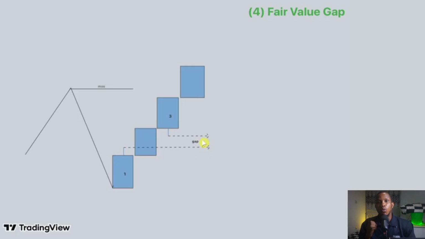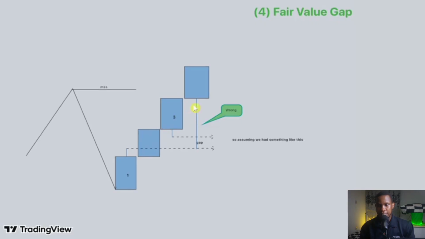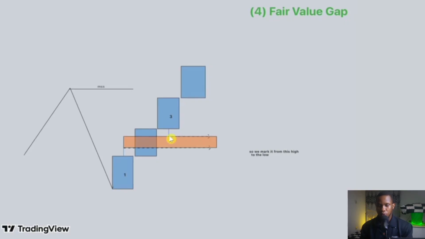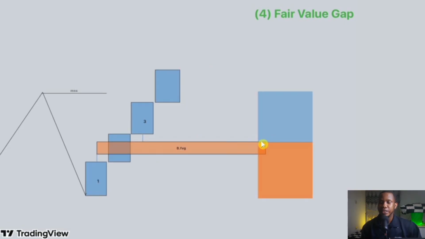That gap is what we call the fair value gap, guys. If this particular candle should come to enter inside here, it will invalidate this fair value gap, guys. So I just mark from this first candle's high to this third candle's low. That is my fair value gap, which I will make my entry here and my stop loss below this level.